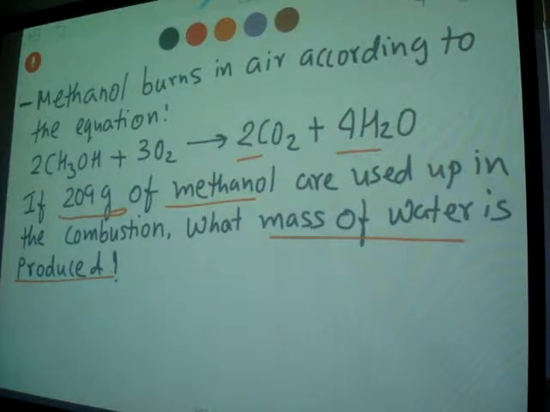So we are finding the relationship between methanol and water. Okay, here 2 moles and 4 moles. So first we can find out the mole ratio.